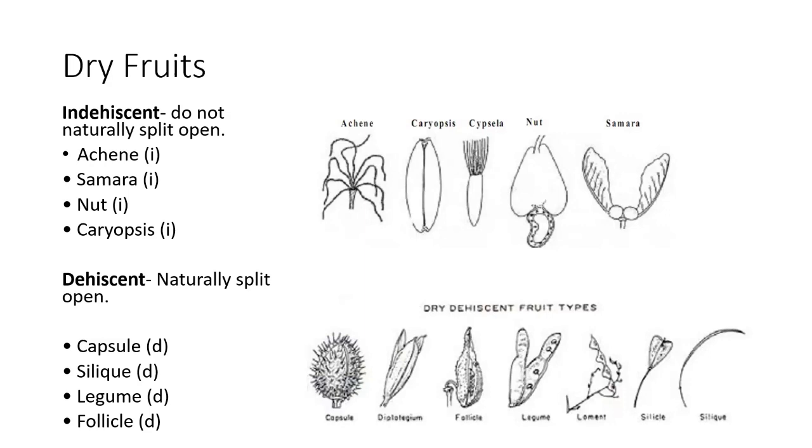Dehiscent means that they naturally split open. A capsule, a silique, a legume, or a follicle are examples. They naturally will split open so that the seeds can be caught by the wind, or maybe caught in an animal's fur, and then spread.